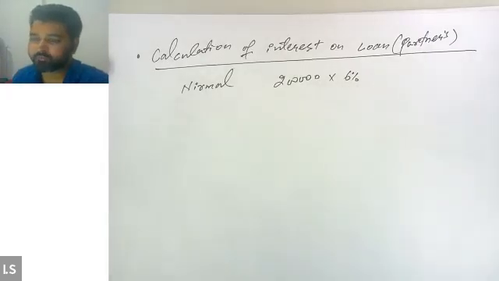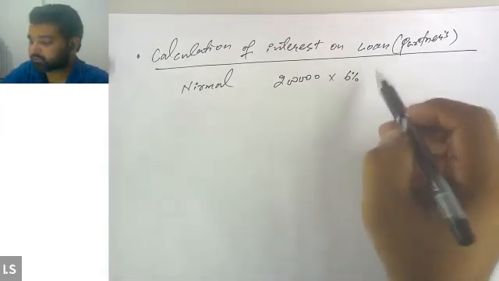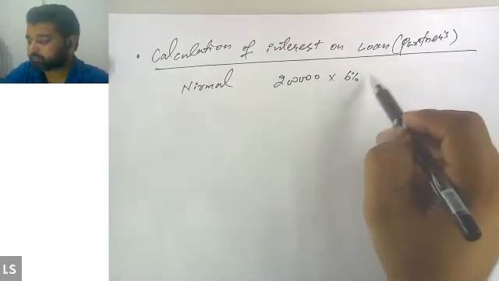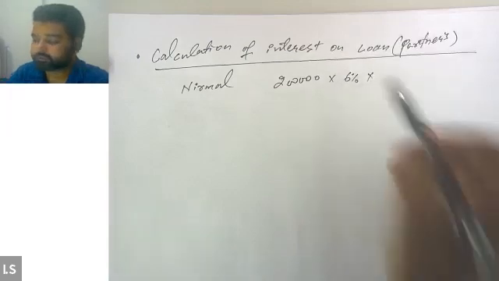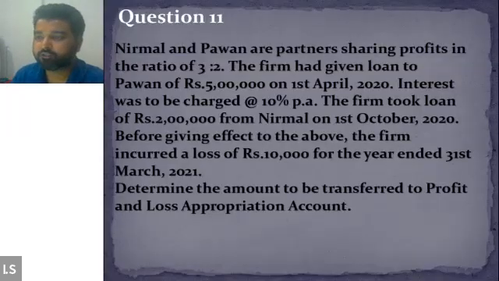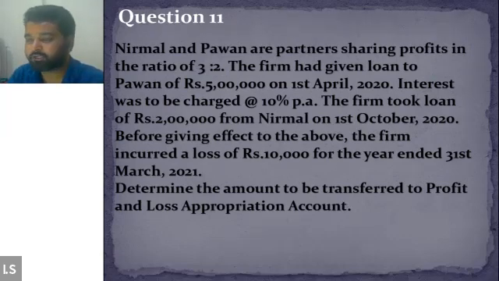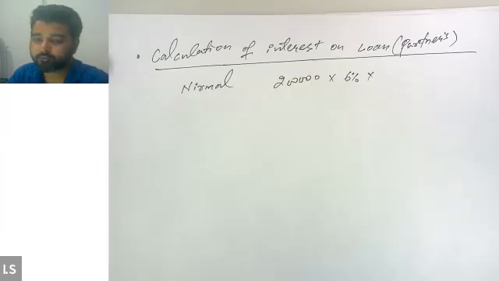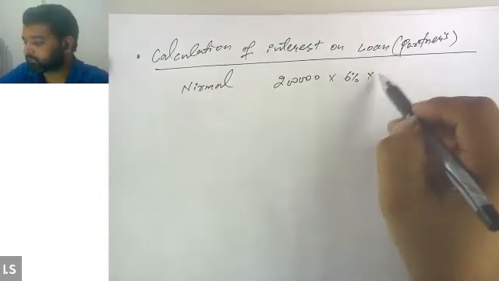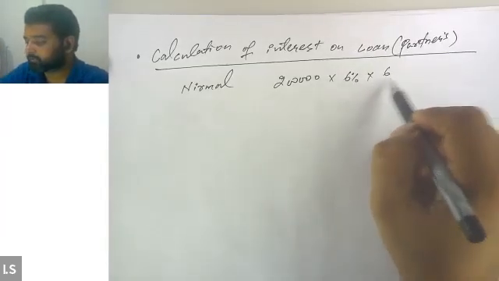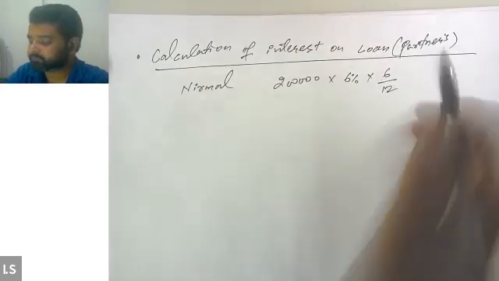Since there was no agreement regarding payment of interest, the rate will be 6% per annum. And the loan was provided on October 1st, so from October till 31st March 2021, interest will be paid for a 6-month period, 6 by 12.